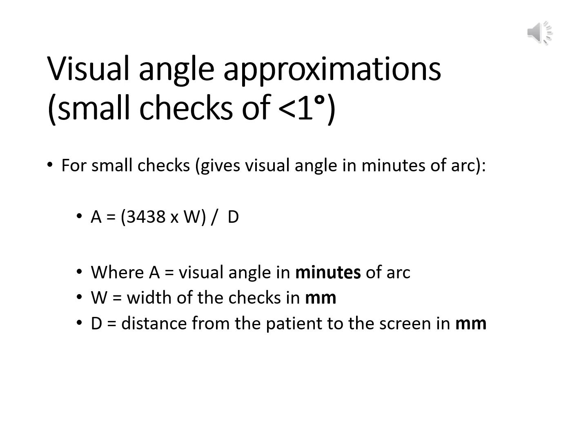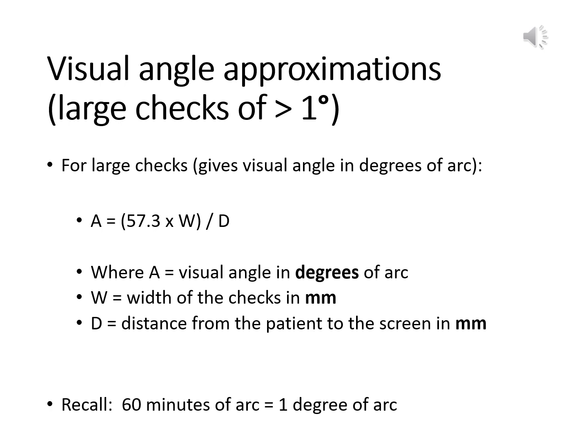A equals 3,438 times the width of the check in millimeters, all divided by the distance from the patient to the screen in millimeters. The number 3,438 is an approximation for the inverse tangent calculation.